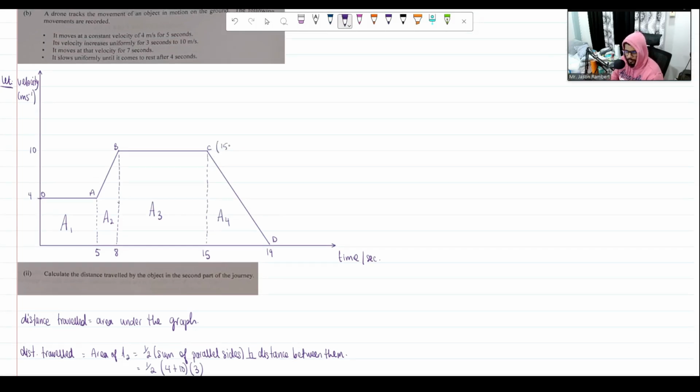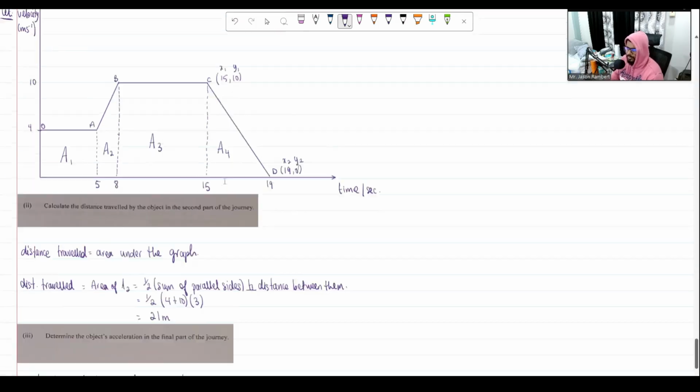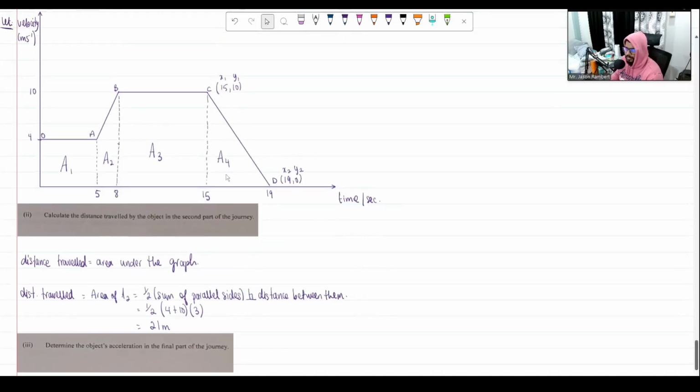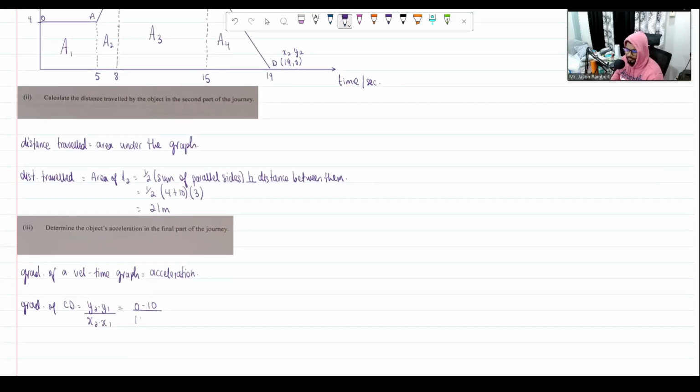I'm going to input the coordinates for C to help me out: 15, 10 as x1, y1. D is going to be 19, 0 as x2, y2. So 0 minus 10 over 19 minus 15, which is minus 10 over 4, which is minus 5 over 2 meters per second squared.